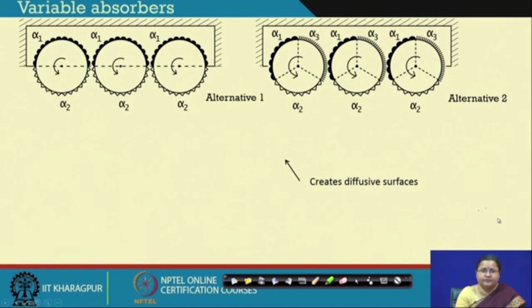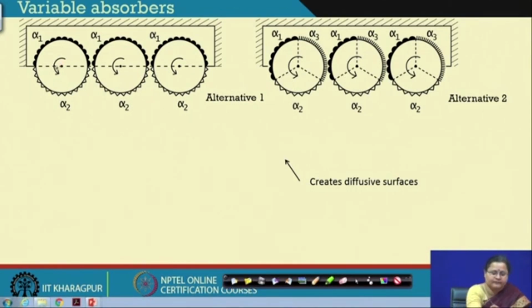Now, here is another example. You can actually rotate and have three kinds of absorption. The first figure shows two kinds of absorption. So, if you rotate by 180 degree in the first case, or the alternative one, you can get a different alpha 1 coming out.